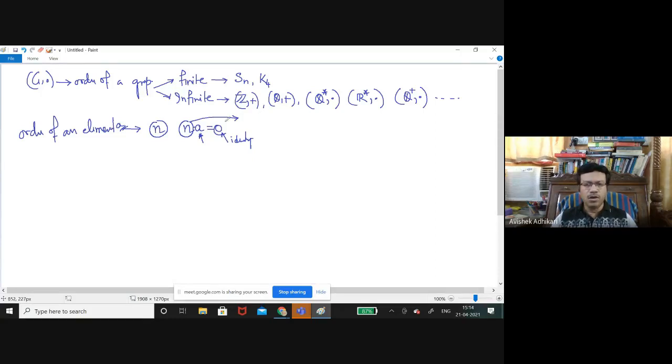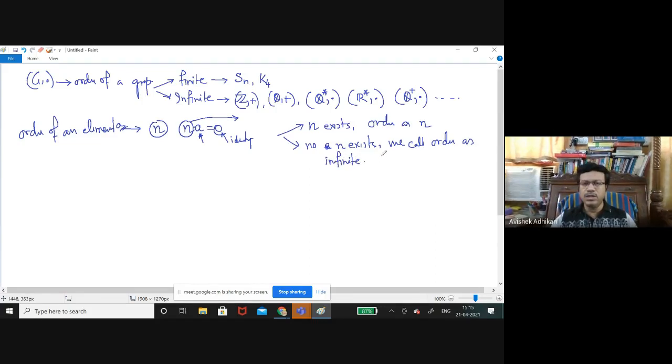So the order of an element falls into two categories. If such an n exists, we call the order n. If no such n exists, we call the order infinite.